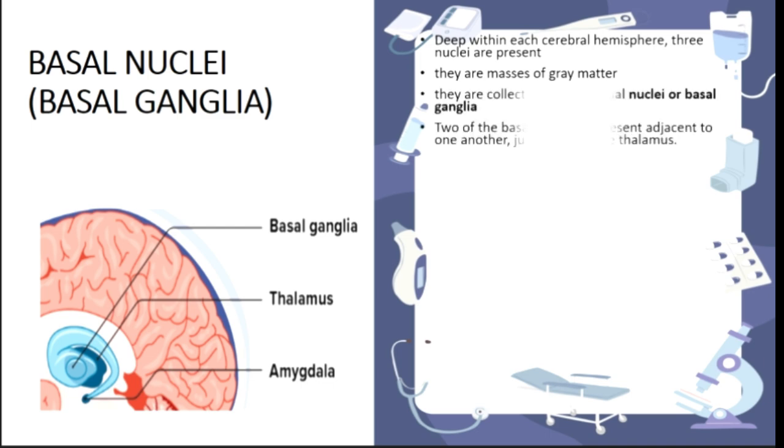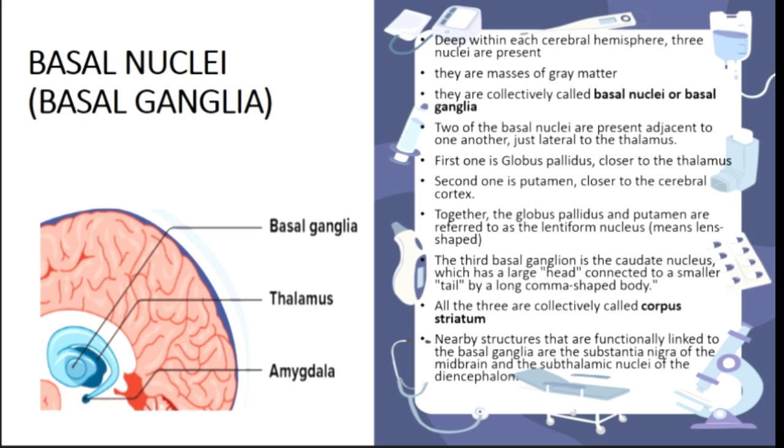They are present as three types of nuclei: globus pallidus, putamen, and the third one is the caudate nucleus. These three are the main things we have to remember.